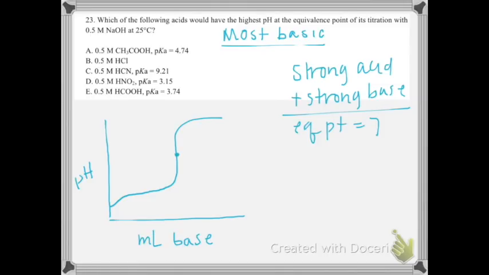And the equivalence point is still at that inflection point. But now what's true at the equivalence point is that we used up all of the weak acid. And we used up all of our base, but we're left with our conjugate base in water and some negligible counterion like chloride.